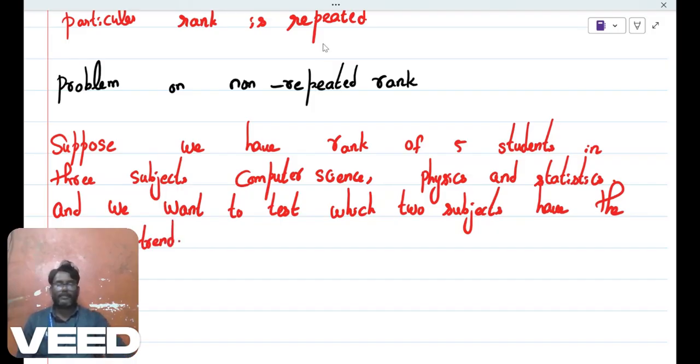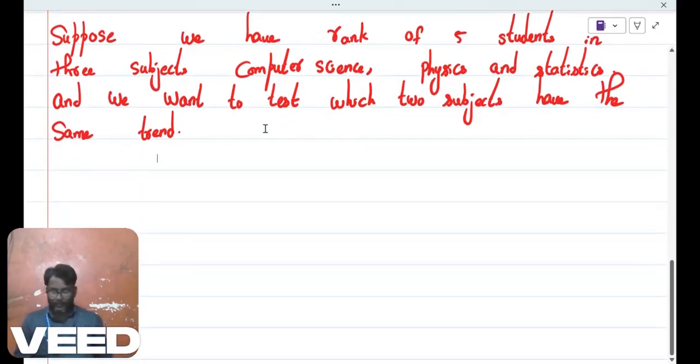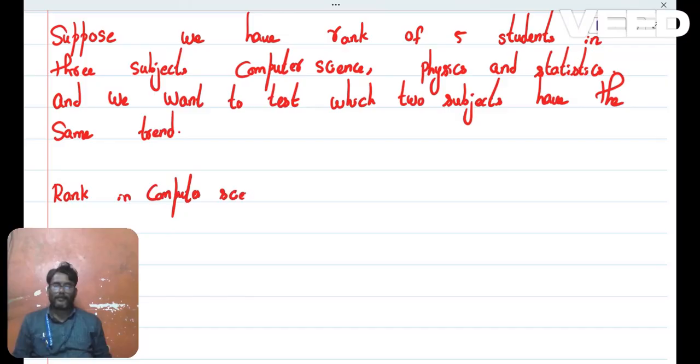Okay, let me do the problem. So the rank in computer science, rank in physics, rank in statistics.